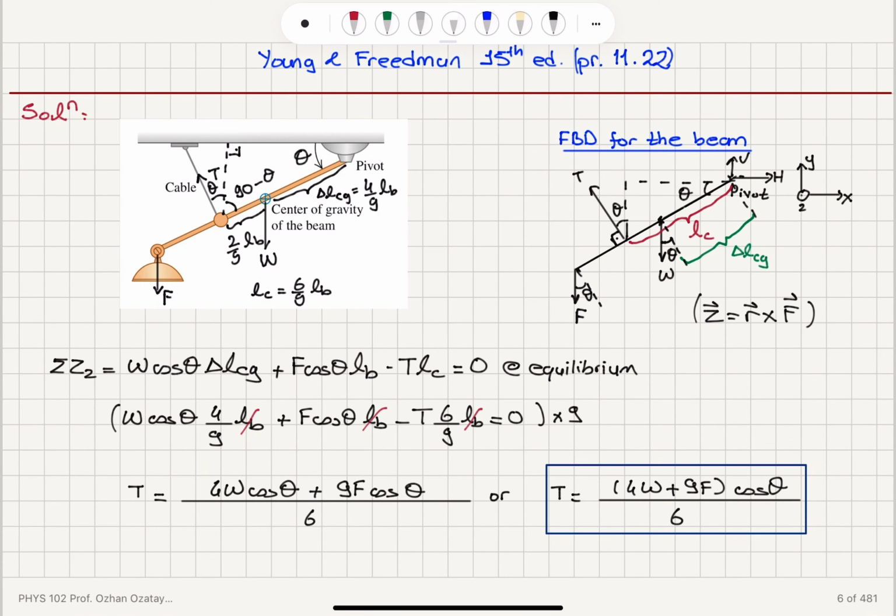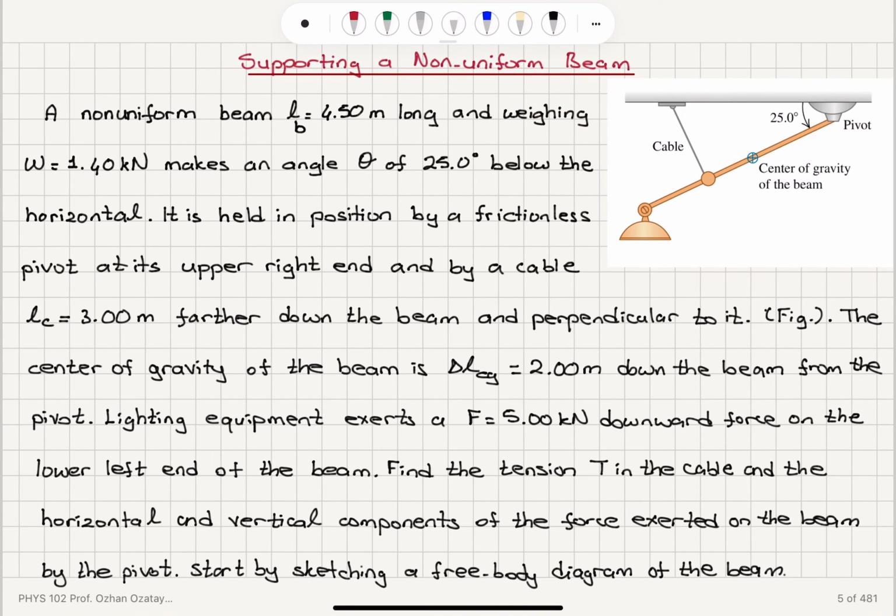Okay, to summarize, we are looking at a non-uniform beam that is being supported by a cable. It is attached to a pivot point. It can rotate around this pivot point, and there is a downward force at the lower end of the beam.